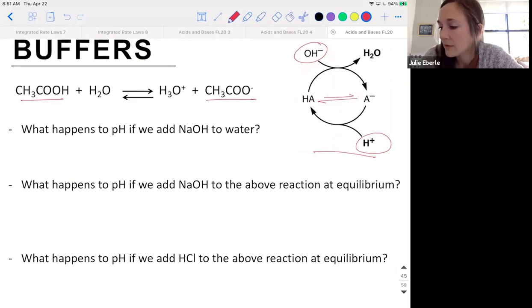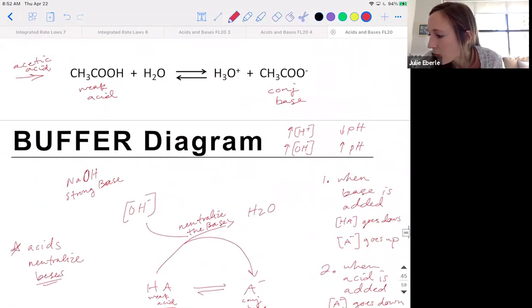What would happen to pH if we added NaOH, a strong base? But we're not adding it to the buffer yet. It says, what would happen if we added NaOH to water? Think about that. What does NaOH do? We said up here, the more OH you have in a solution, the higher pH would go. So if we're adding NaOH to just some water, water's not a buffer. It has no ability to neutralize anything.